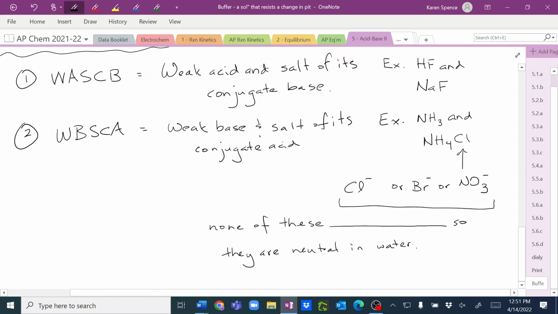What's the word if they are neutral in water?